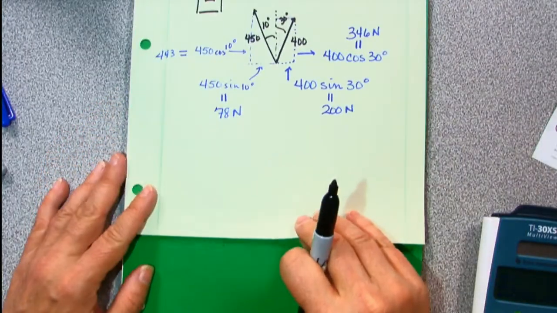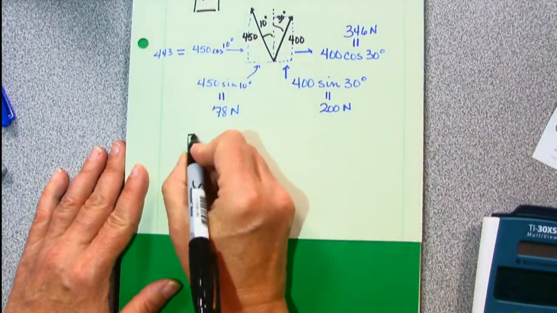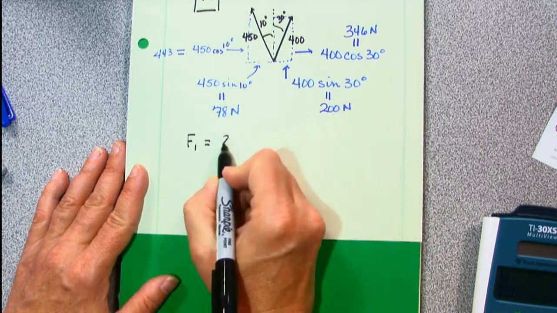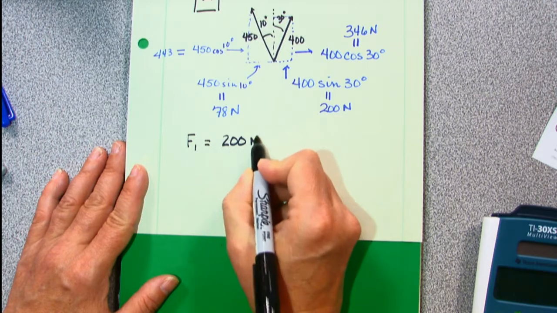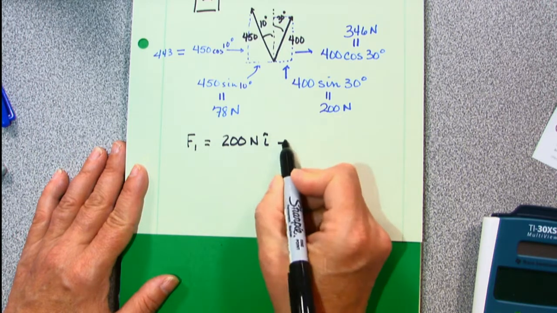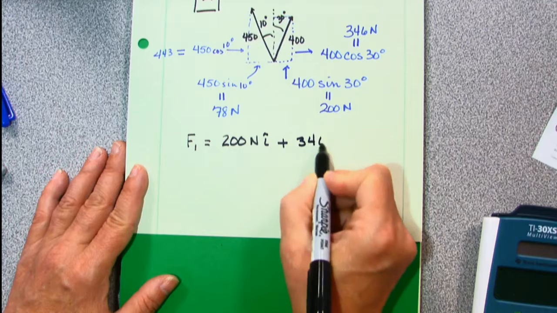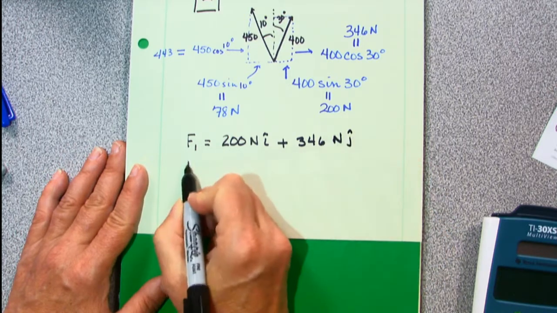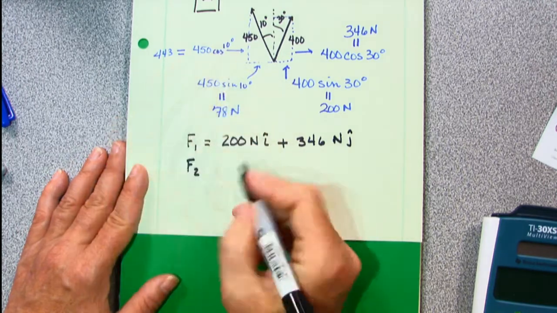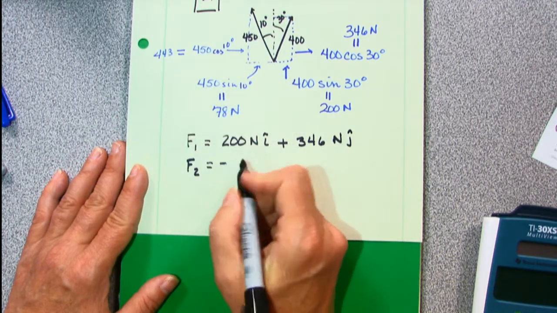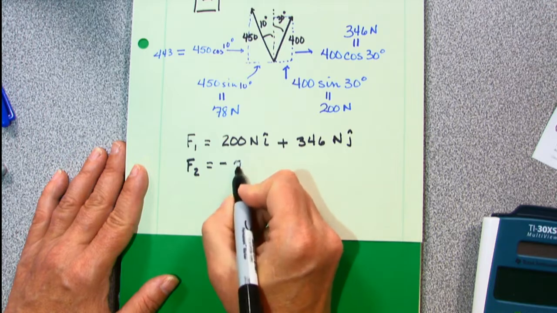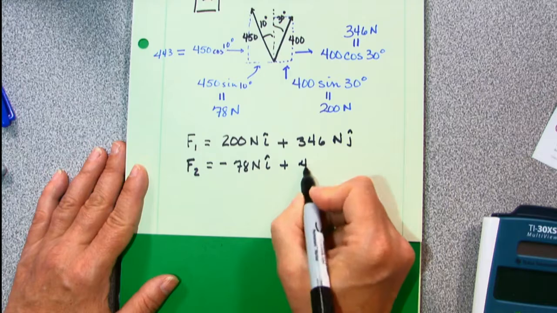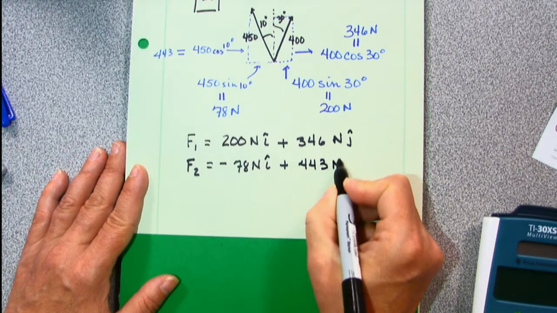Force 1 is going to be 200 newtons in the i direction plus 346 newtons in the j direction. Force 2, which is this one over here, is going to be a negative 78 newtons in the i direction, but a positive 443 newtons in the j direction.